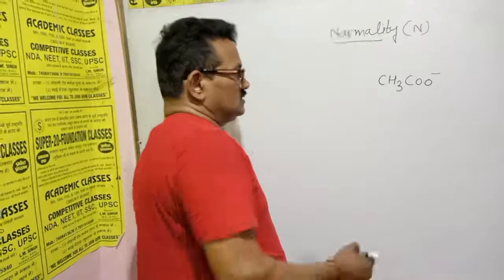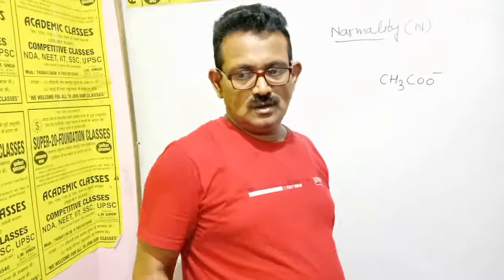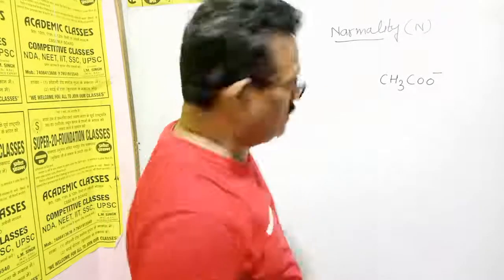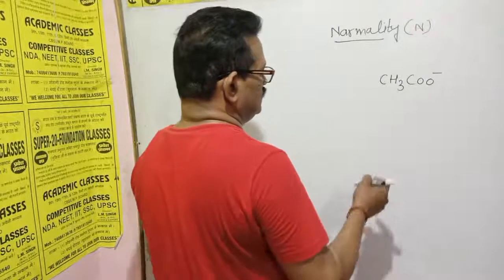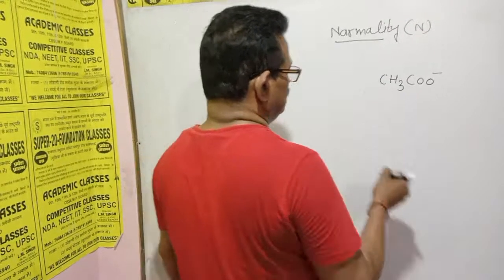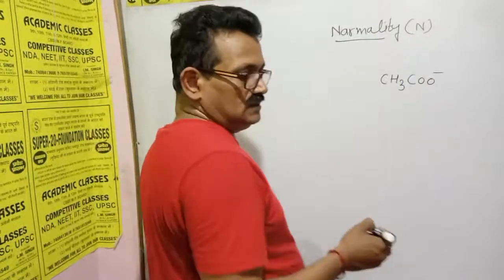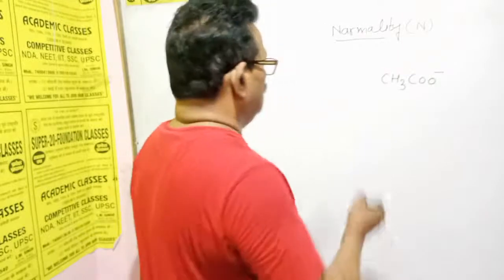First I explain the equivalent mass, then I will also go into the normality terms here. So this is the last example of equivalent mass. Students who joined late, you also clear this.